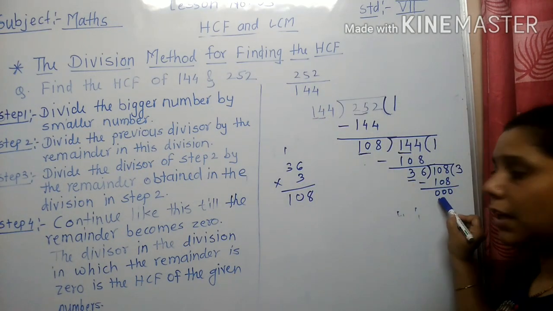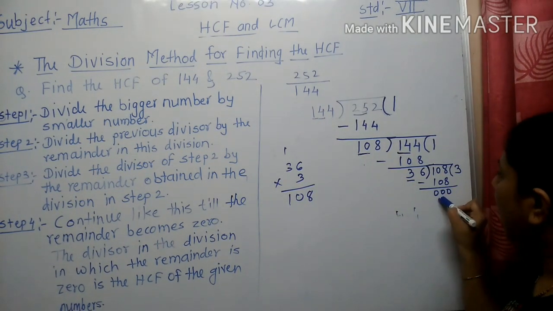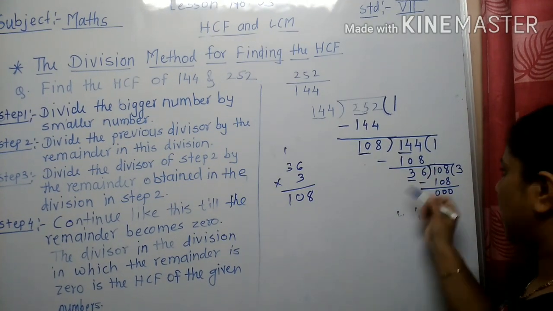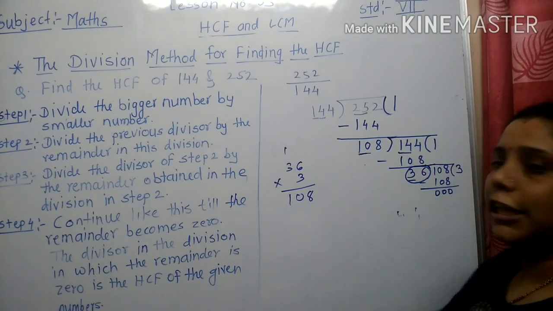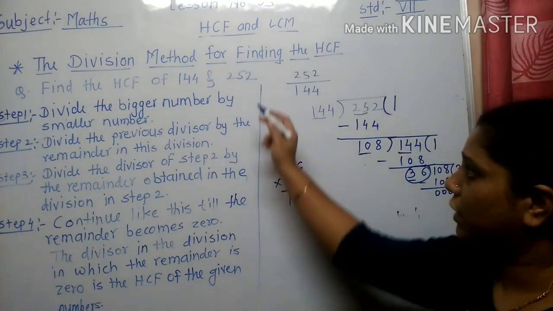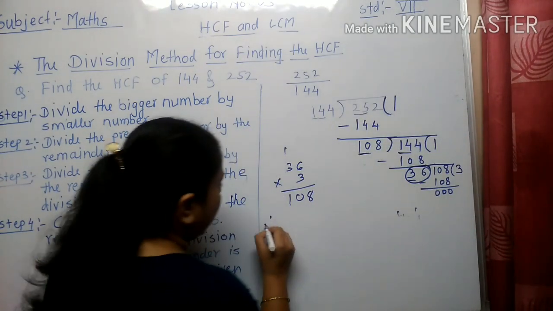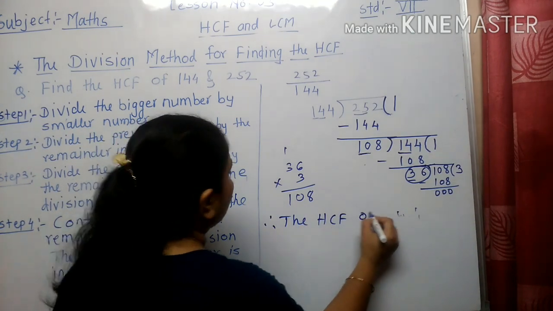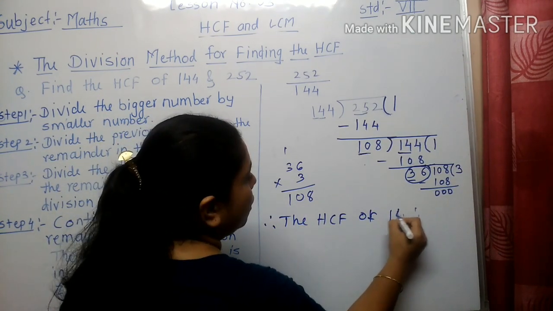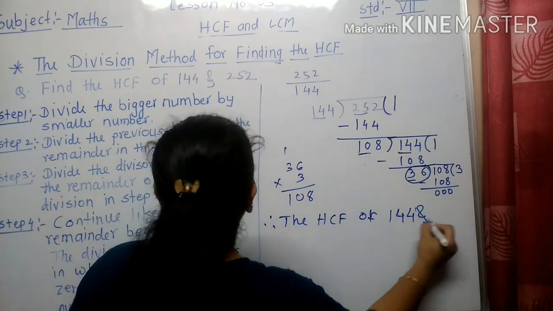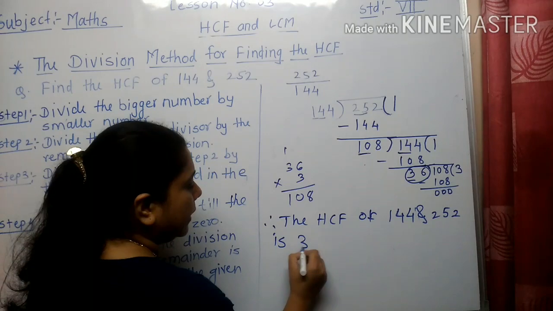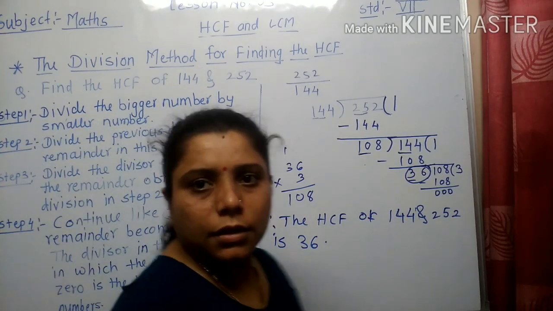Now here I am getting the remainder 0. So which is the respective divisor over here? 36. So I will take 36. So what is the HCF of these numbers? Therefore, I can write the HCF of 144 and 252 is 36.